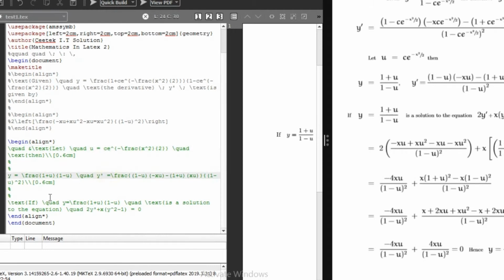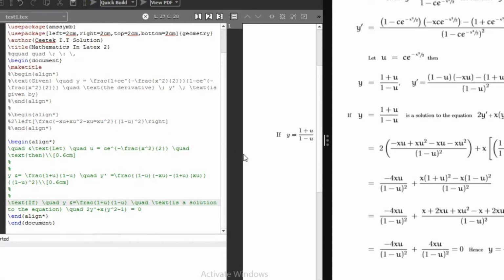So when I come to the equal sign of the second one too, which is y is equal to this, right here, I'm going to put ampersand in front of it. Okay, because I want it to be aligned with the first expression, so this one. And then when I come to this one, if y is equal to, I want to put ampersand right here so that it will also be aligned. Then let's recompile this and see what we get.